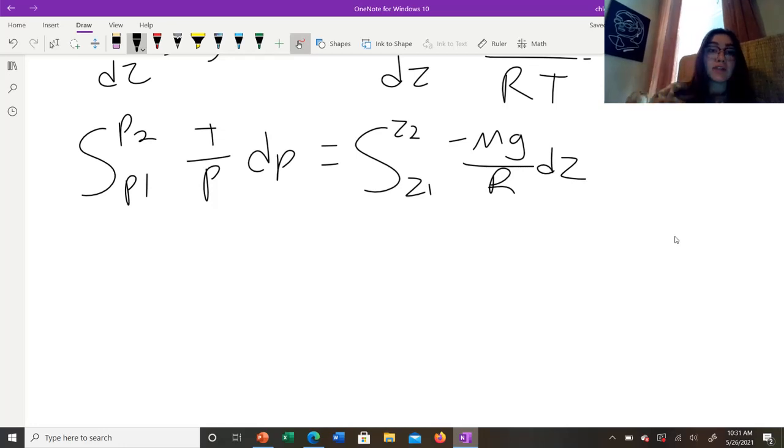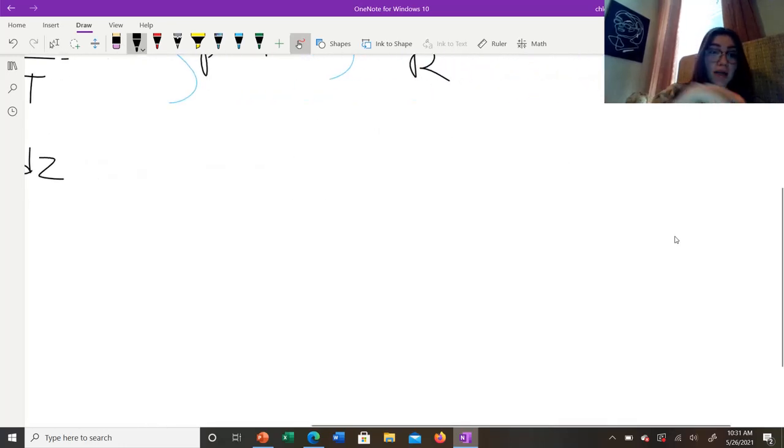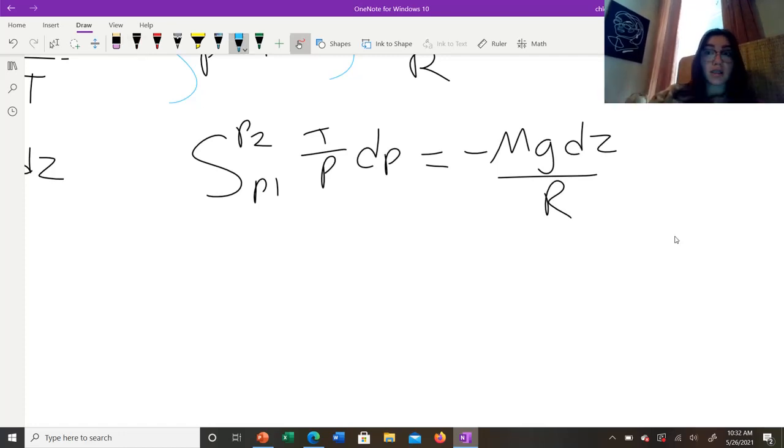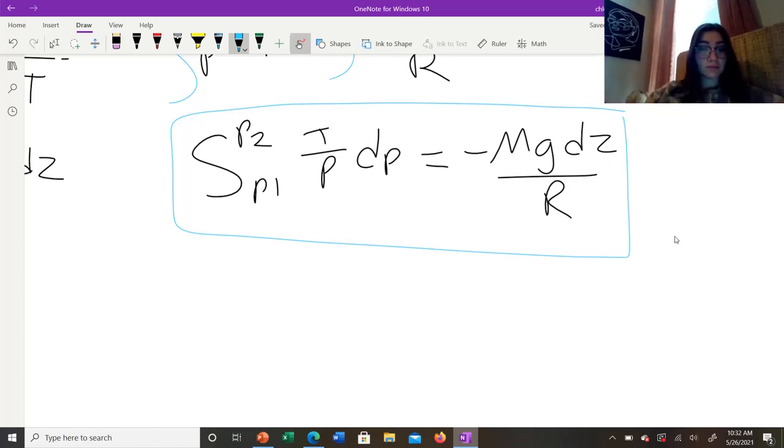We're going to leave the left side of this integral alone, and we're going to integrate the right side, and we're going to come back and use this later. So for our final step, we have the integral from P1 to P2 of T over P dP, just as it is, equals negative m g delta z over R. We're going to need this later, so I'm going to box it in, and we will go solve for the next part.